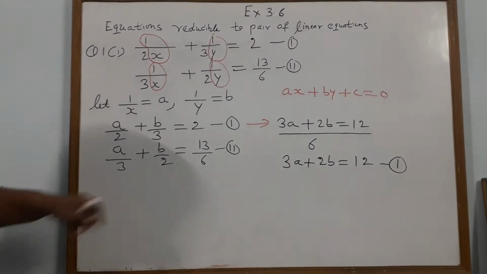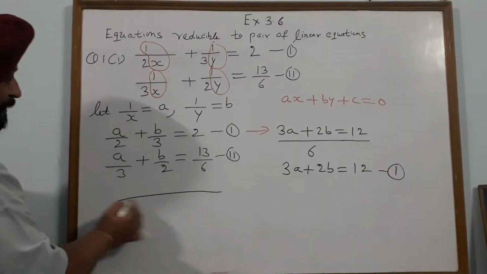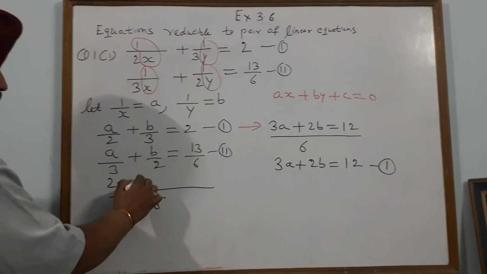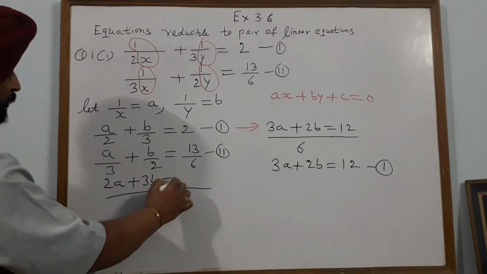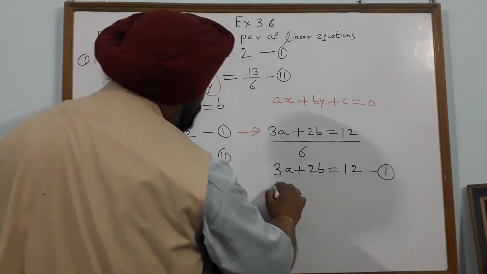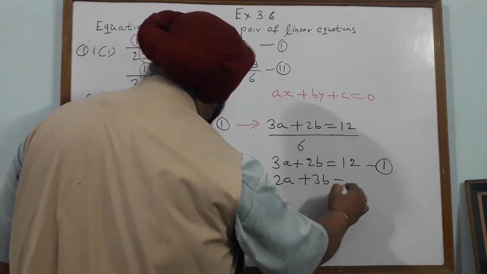Similarly, in the second equation, you take LCM 6, 3 2s are 6, 2a, 2 3s are 6, 3b is equal to 13. So what is our second equation? 2a plus 3b is equal to 13.